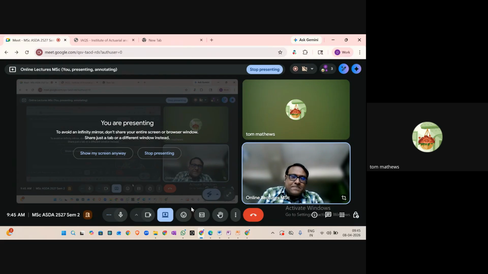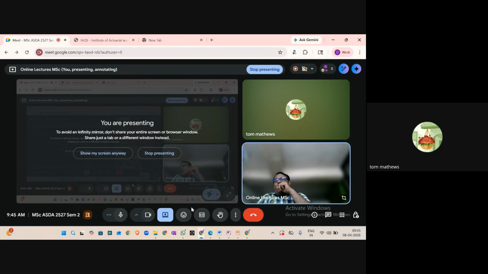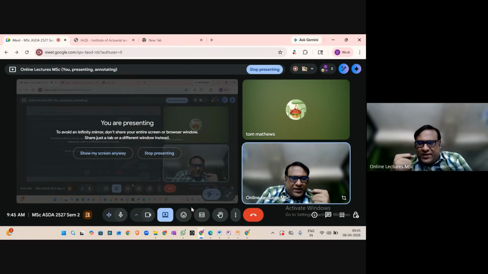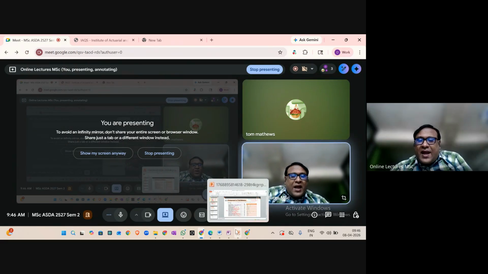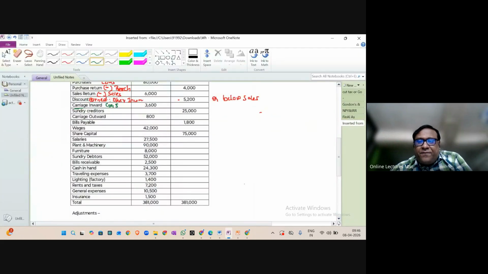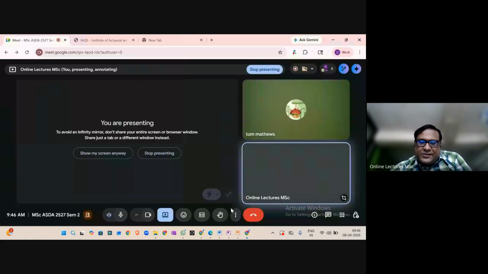Both are expenses only. Carriage inward is towards getting the goods within the factory. Carriage outward is incurred towards sales of the goods. If it is carriage outward, we would have taken it as a part of selling and distribution, as an expense.